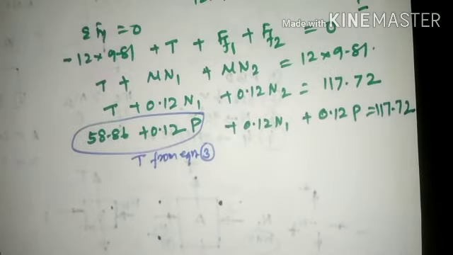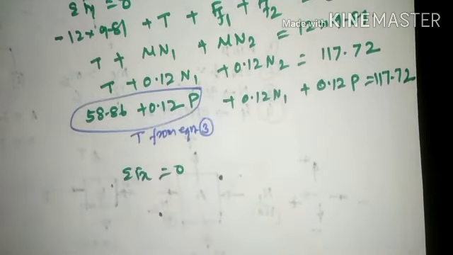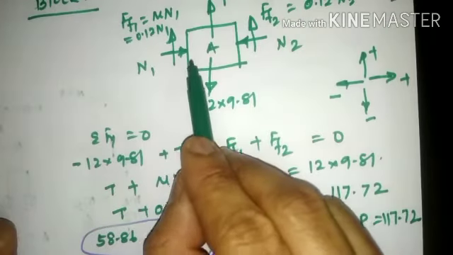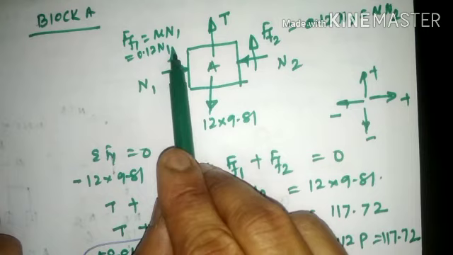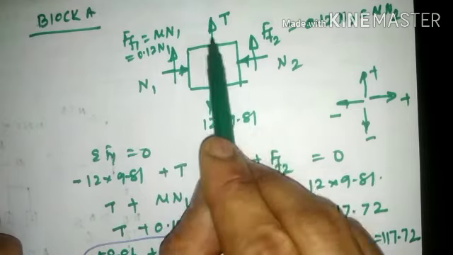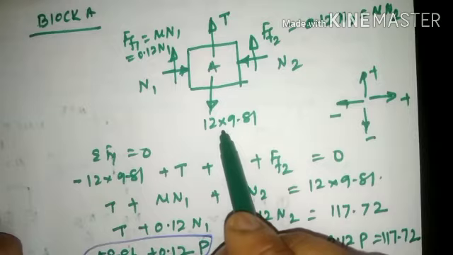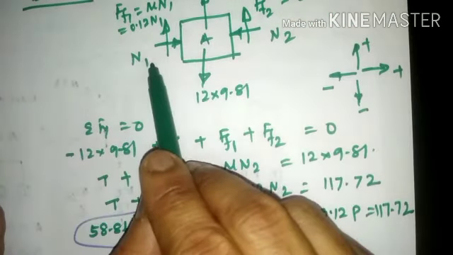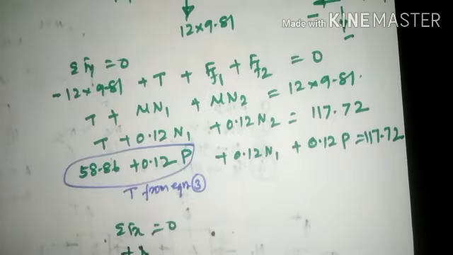To find out the value of N1 in terms of P, take summation Fx is equal to 0. If I take summation Fx is equal to 0, you add up all the forces parallel to the x direction. Here, F of F1 is along y direction, F of F2 is along y direction, T is along y direction, 12 kg is also along y direction. So forces acting along x direction are N1 and N2. N1 is on right hand side, so positive, plus N1.